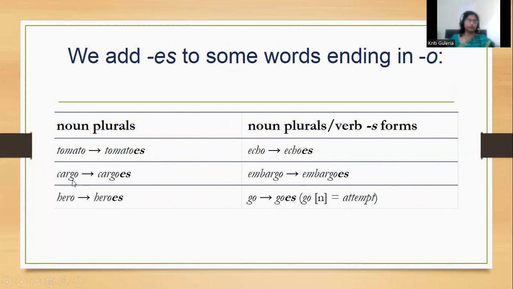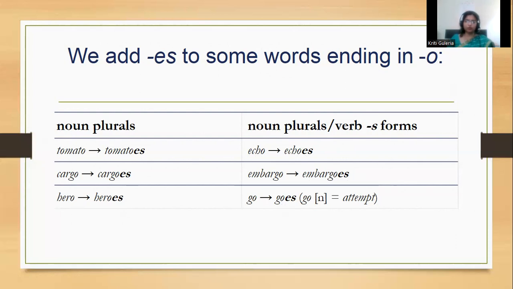Cargo, cargoes. Hero, heroes. Just add es after o. Similarly, echo becomes echoes. Embargo becomes embargoes. Go becomes goes.